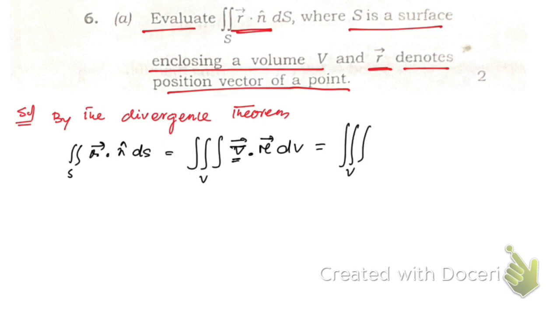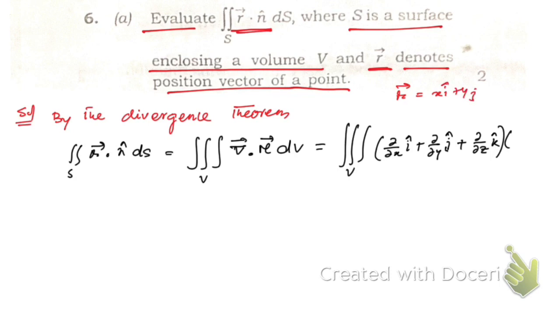This is the del operator. We know the del operator is del by del x i cap plus del by del y j cap plus del by del z k cap, which operates on the position vector. The position vector r is considered as x i cap plus y j cap plus z k cap. Remember that. So here you will get the volume integral of del dot (x i cap plus y j cap plus z k cap) dv, right? That is what is given by the divergence theorem.